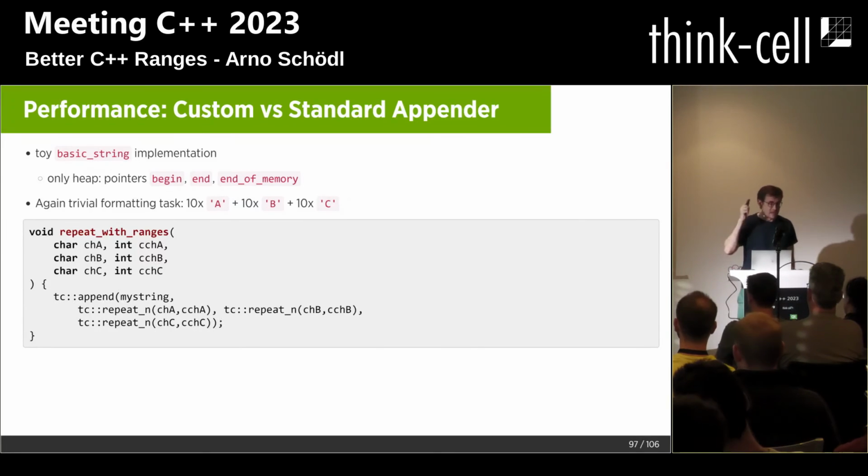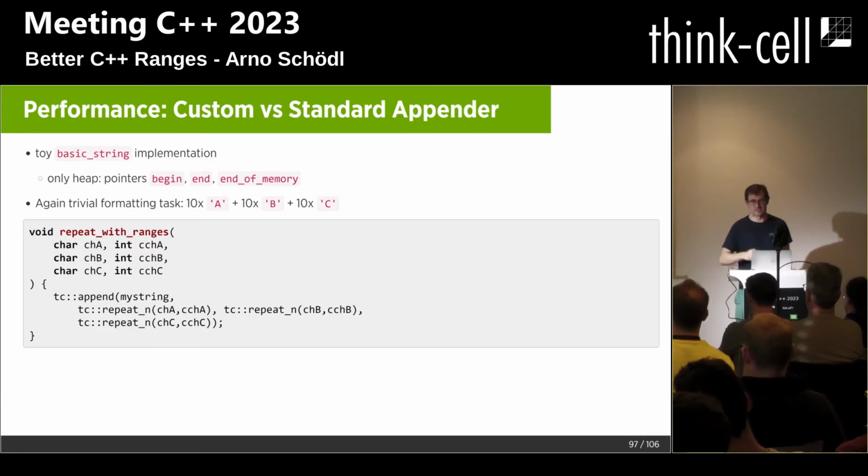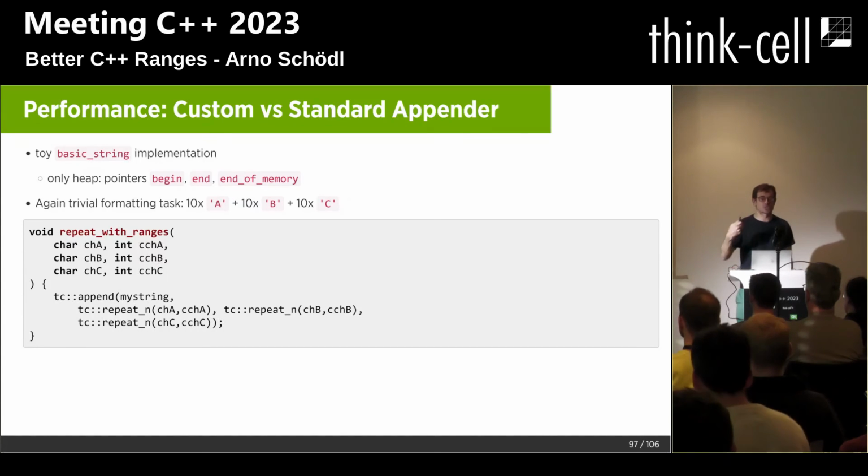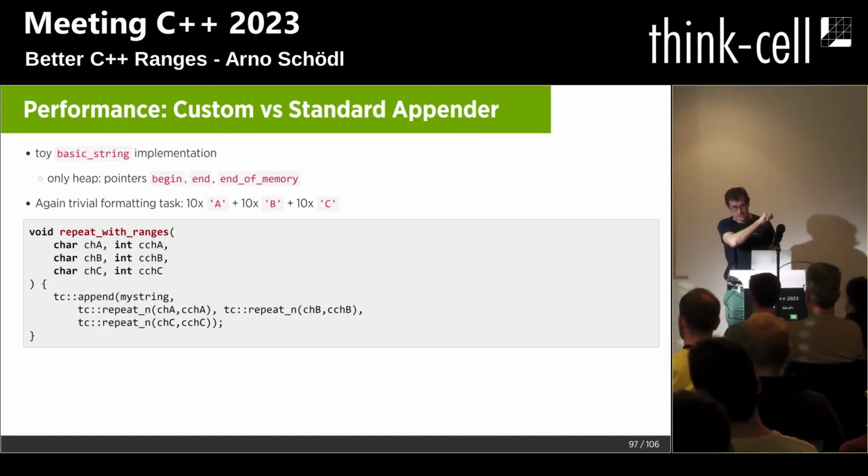There is another opportunity for optimization, which I skip over, so we have a bit of time for questions, where when you add things to a string one by one, it does the end check every single time. Although I pre-allocated, the system doesn't know that. And you can optimize for that. We haven't done this yet. But with that same interface, you could have an appender which is not checking for end. Because I asked before the size, and now I can write that whole memory in one go without the end check.